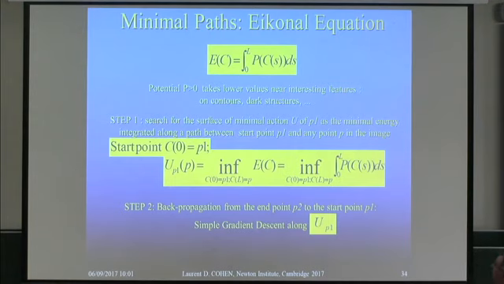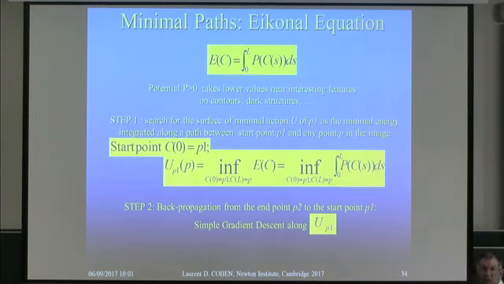If E is defined like this, where P is assumed to be positive and corresponds to the interesting features in the image, then you define a weighted distance map to any point P in the image domain.